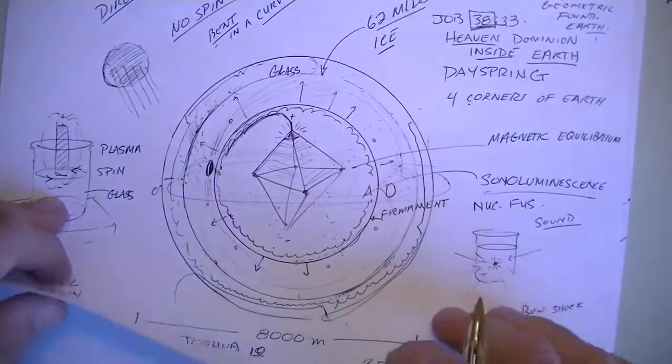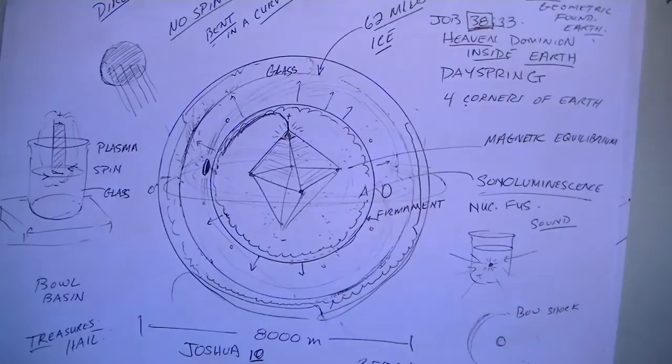Now, let's talk a little bit about the sun stopping. Isaiah chapter 60, I think it's in 60.